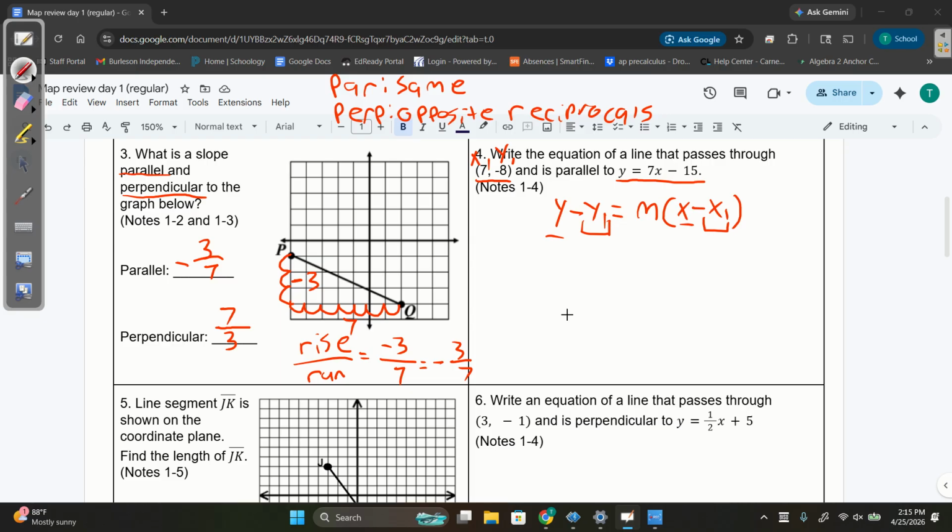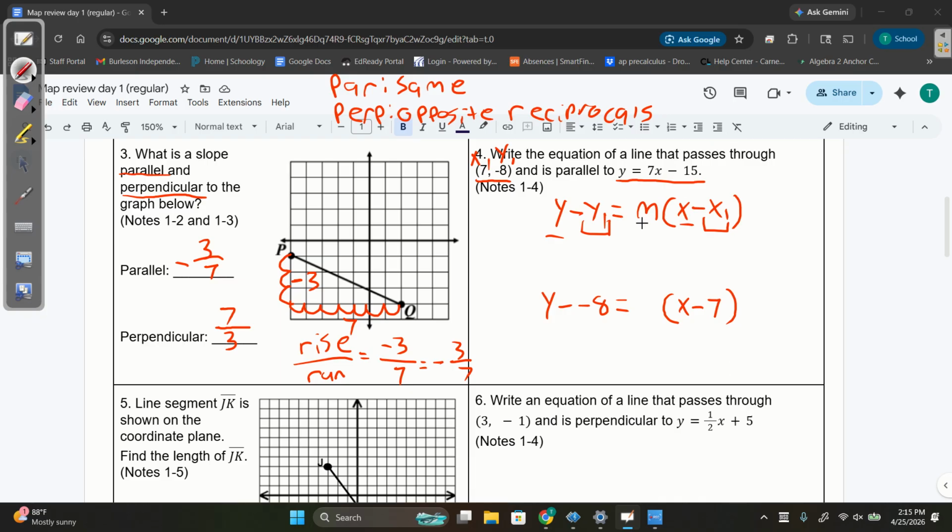So, if I were to plug in the values I would have y minus y1, which is negative 8, equals, I don't know my m yet, so I'm going to leave a little space for that, x minus the x1, which is 7.